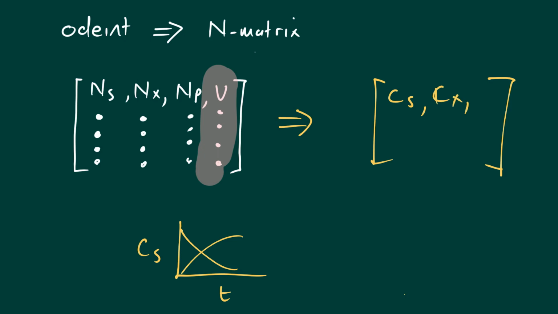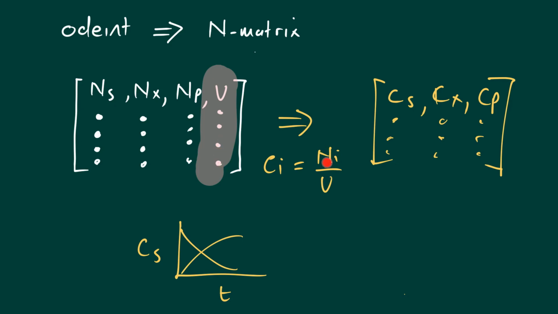So this will be CX and this will be CP. To do this, it's not that hard because you basically take the same elements, and for each element in the row, if you want the concentration, remember, Ci is always just Ni divided by V. Please note that V changes, so you've got a different V value as time progresses.